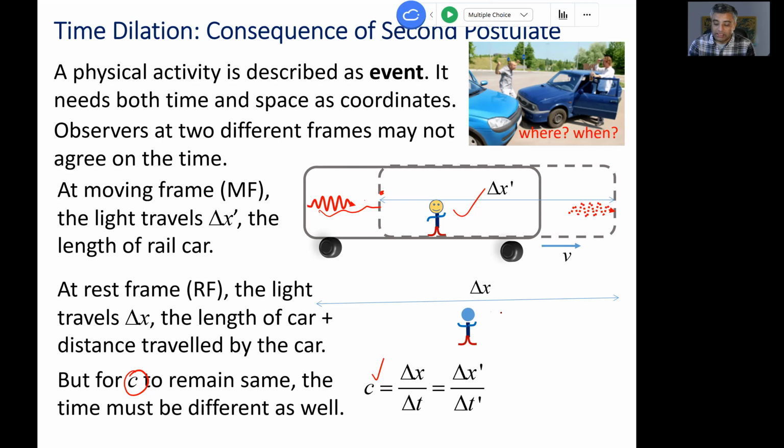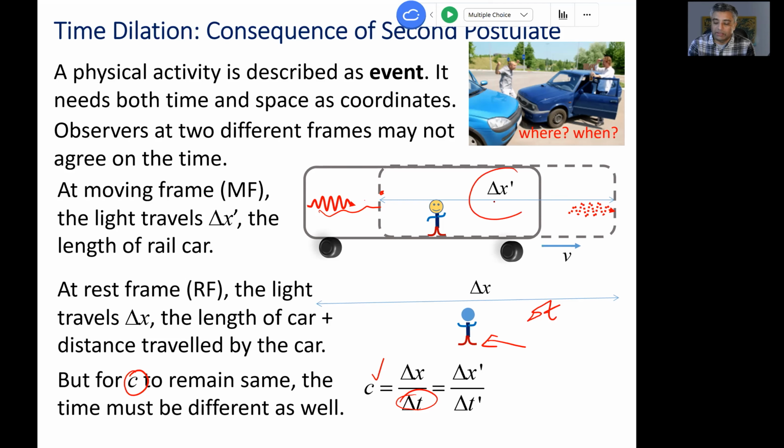So for this observer, speed is given by the distance traveled by light divided by the time. Whatever time this observer measured, let's say that time measured was delta t. It could be any number, we are just writing delta t, in this frame of reference that is at rest, okay? So this person is in a frame of reference which is at rest, and this person is in a moving frame of reference.